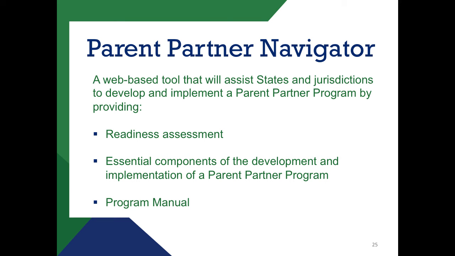And then there will also be a program manual that will have templates, so that as other states are developing the Parent Partner program, they can access that manual and use those templates as tools to build their own program specific to their needs.